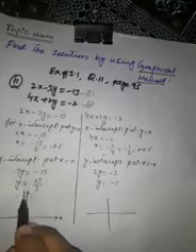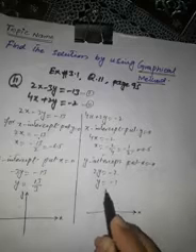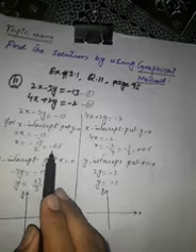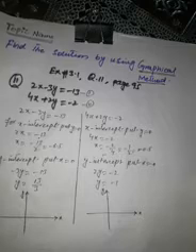This is the x-axis, this is the y-axis. Here you see the value of x is minus 6.5. It means it moved towards the left side.